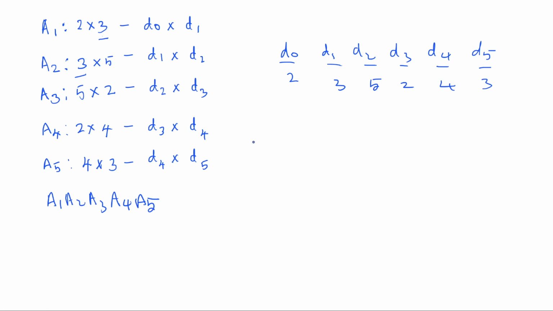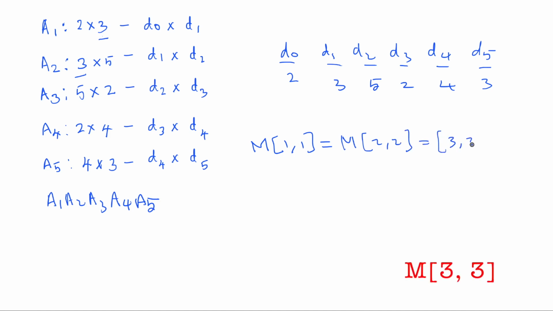Now as the first step, we can definitely write M1,1 equal to the number of multiplications required to find the matrix A1, which will be 0, which is the same as M2,2, which is the same as M3,3, equal to M4,4 equal to M5,5, and this will be equal to 0.